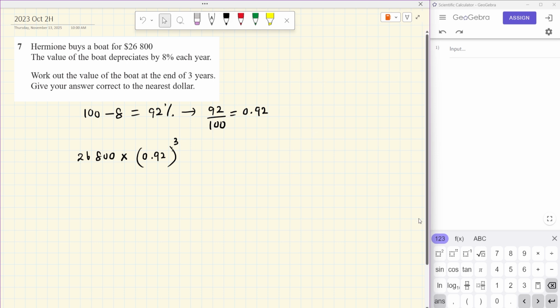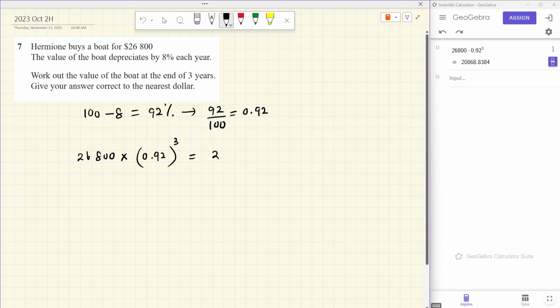Let's put this into the calc. 26,800 into 0.92 to the power 3, that is 20,868.8. Then they ask, give your answer correct to the nearest dollar, that means up to units place. After the units place it is 8, so we have to add 1 to this 8, that is 20,869.